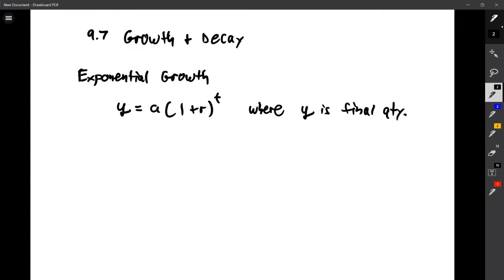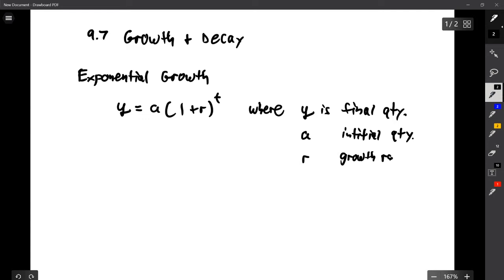A is the initial quantity. r is the growth rate as a decimal.